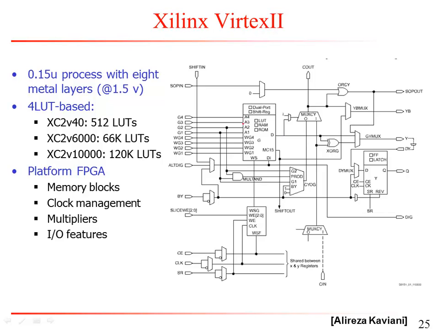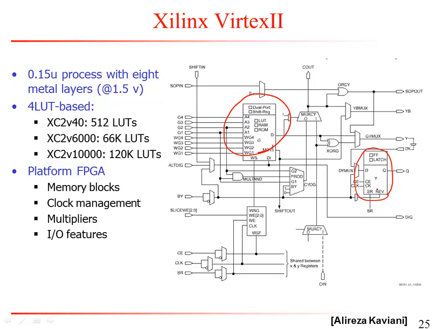So if you understand VirtexII, there are fewer issues that you have to deal with, and it doesn't become too overwhelming. So basically in VirtexII, you have a lookup table here, right? And that lookup table could have a D flip-flop or latch, and you may or may not use that in your connections.